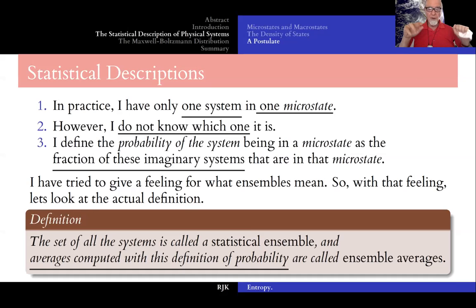We do it over and over and over again with a tremendous number of these. And the set of all the possible systems that have each individual possible microstate are called a statistical ensemble. And the averages computed with this definition of probability are called ensemble averages.